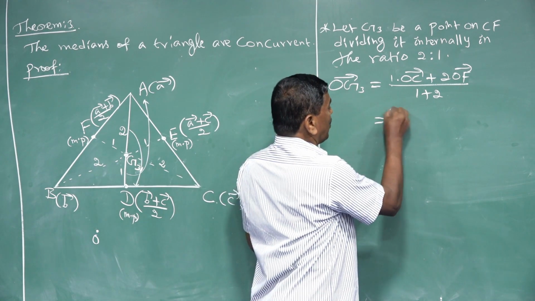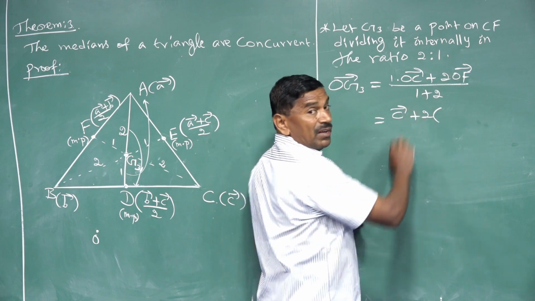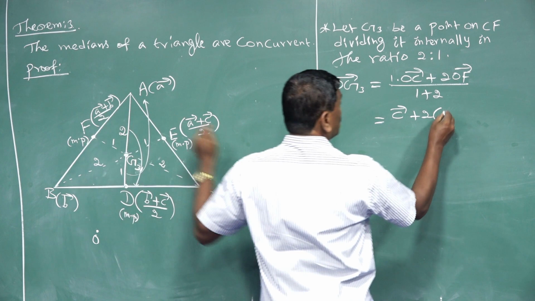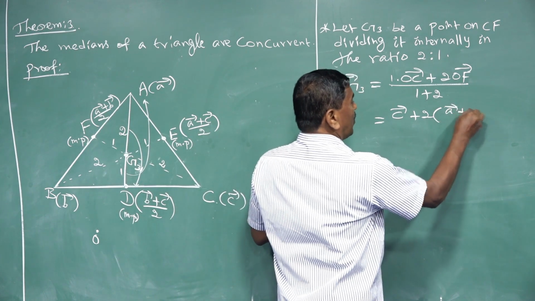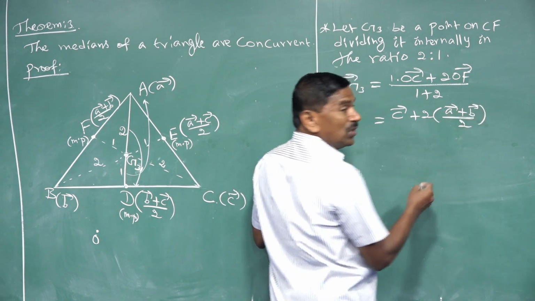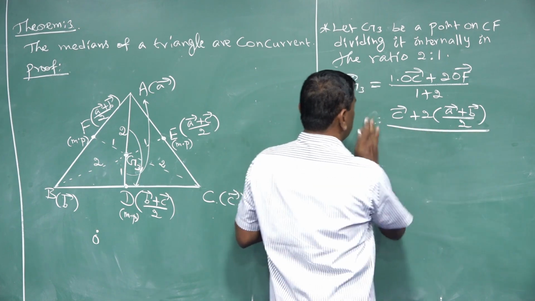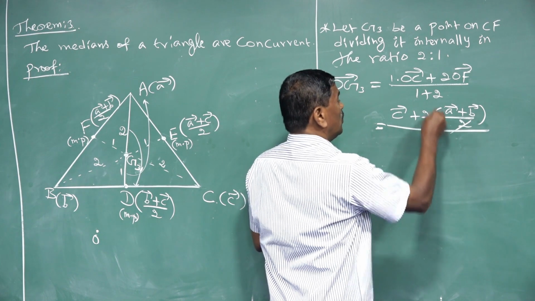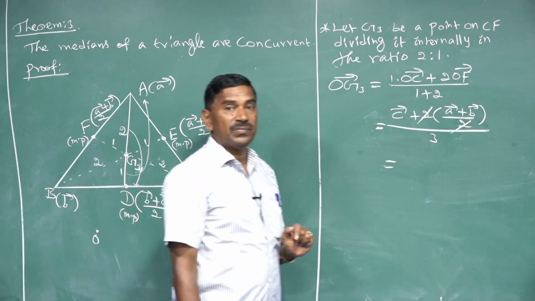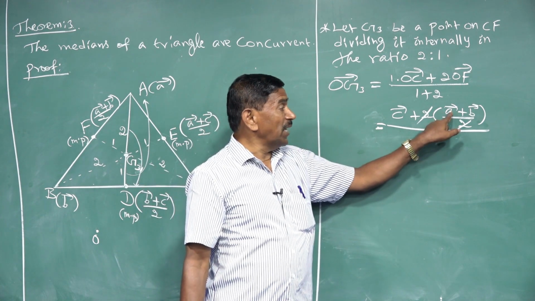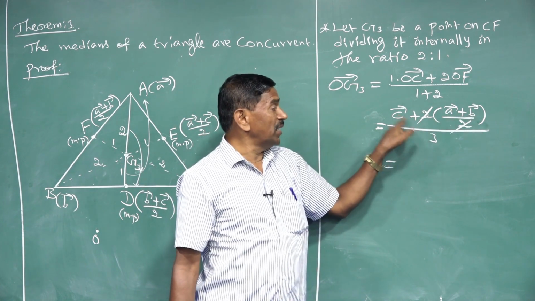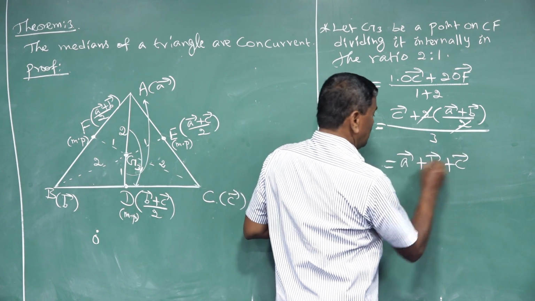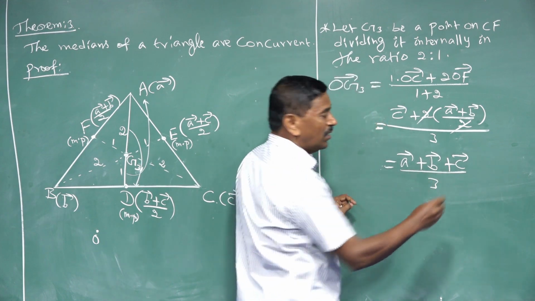Therefore, C vector plus 2 into OF vector. What is OF vector? OF vector is equal to A vector plus B vector by 2. Divided by 1 plus 2 equal to 3. Now the 2 cancels. Next step, A vector plus B vector plus C vector divided by 3, which is the third equation.